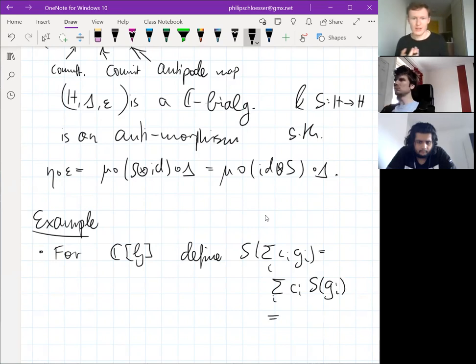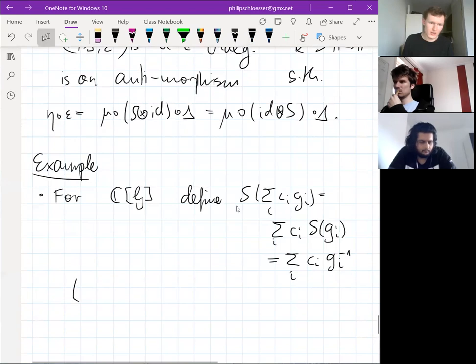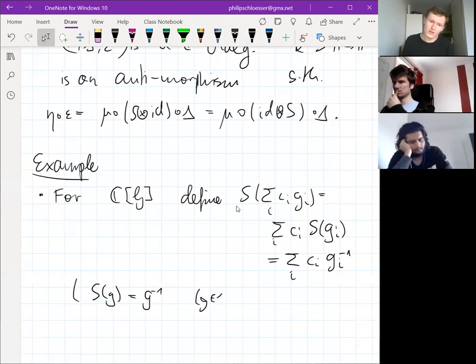And how do we define S applied to some element of the group? Well, we just take the one thing of the group that we haven't used yet, the fact that there are inverses. So essentially just S of g is g inverse for g in G.